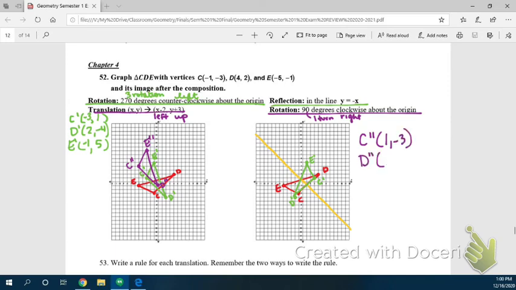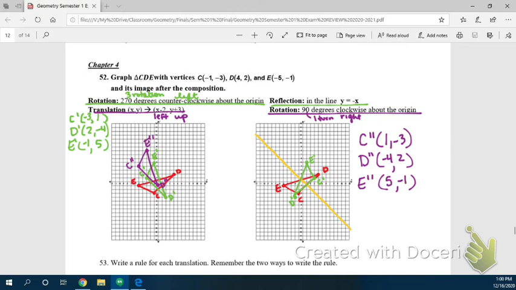Let's try the D and the E. The green D is at -4, 2. And then finally, the green E is at 5, -1.